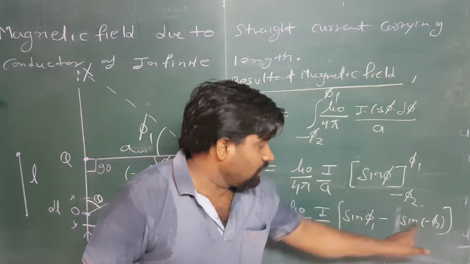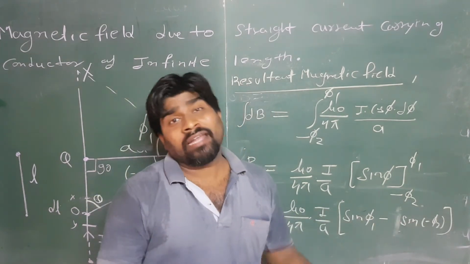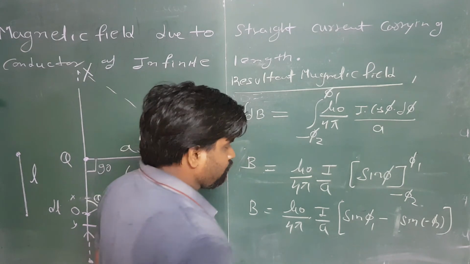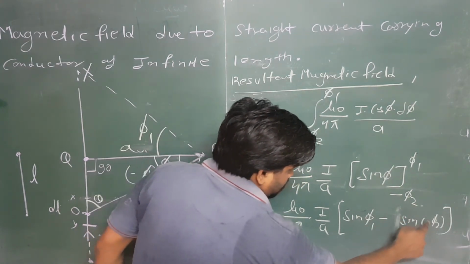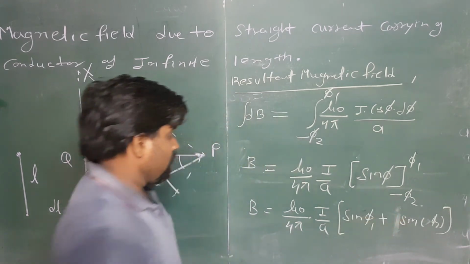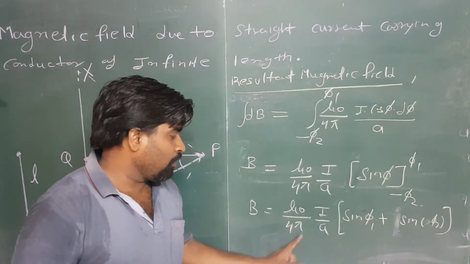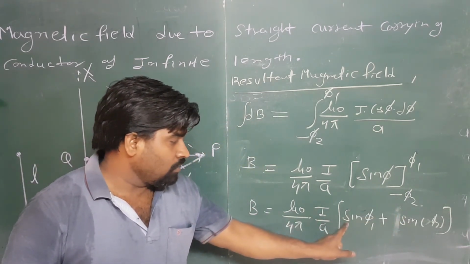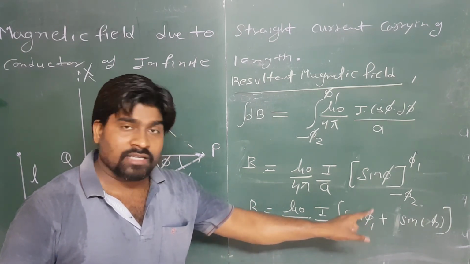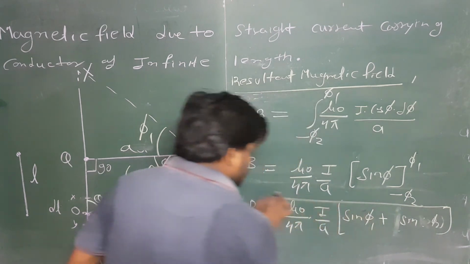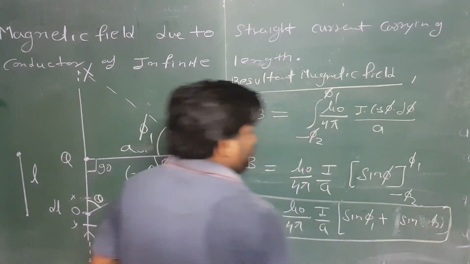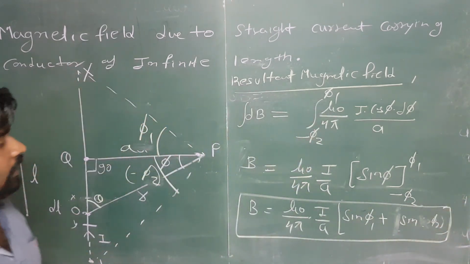And the minus sign will come, sin of minus theta is minus sin theta, then minus minus becomes plus. So this minus you can keep out. It becomes B is equal to mu 0 by 4 pi dot I by a into sin phi 1 plus sin phi 2. So this is the resultant formula of the magnetic field due to the straight current carrying conductor.